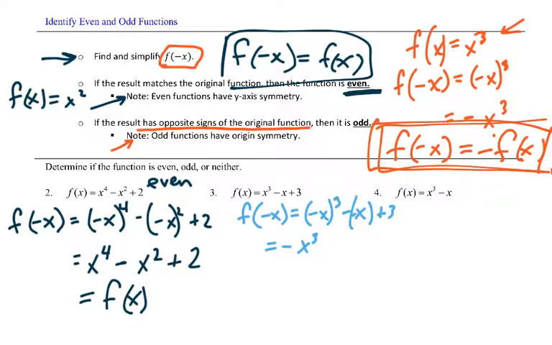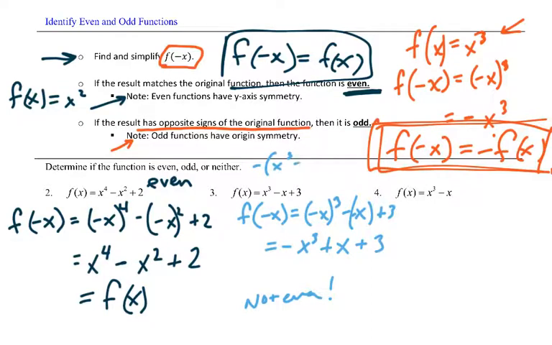And then minus negative x is the same thing as plus x plus 3. If you think about our original function, it does not match our original function, so we know it's not even. But then if you think about what would the negation of this function be?